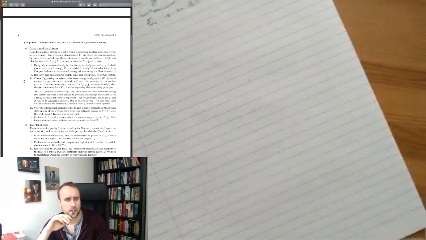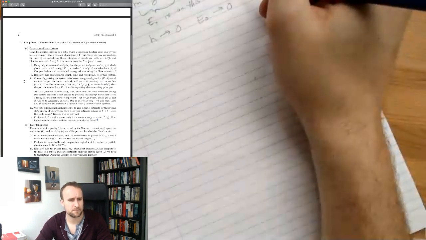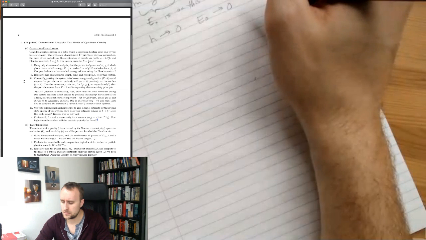How does your estimate behave as h goes to 0? Well, as h goes to 0, E0 goes to 0. And does this make sense?